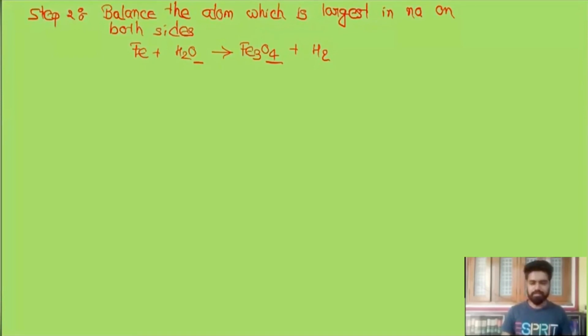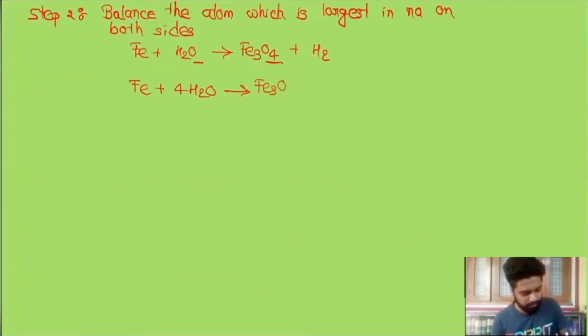For balancing the oxygen atoms, we will multiply H2O by 4 so that there will be 4 oxygen atoms on the left hand side and 4 oxygen atoms on the right hand side as well. So this is our step 2, and the number of oxygen atoms gets balanced.